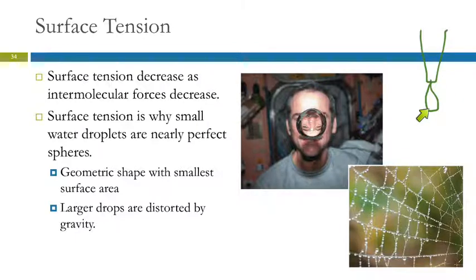That's because gravity is pulling on it, and so the force of gravity is distorting the shape. But it wants to be a sphere, because it wants to minimize the surface area. And you see on this spider web, those little droplets are nearly perfect spheres. Any questions?